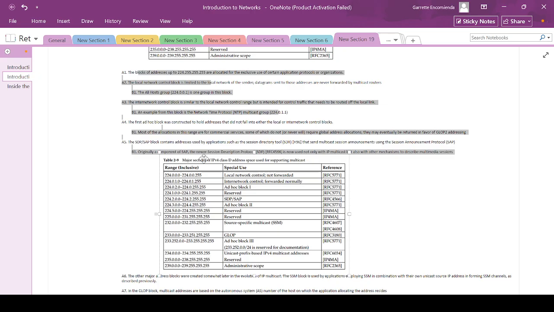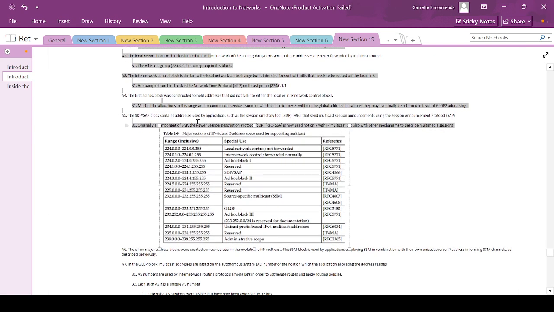So this is kind of the evolution, because some multicast addresses did not fall in either the local or inter-network control blocks.